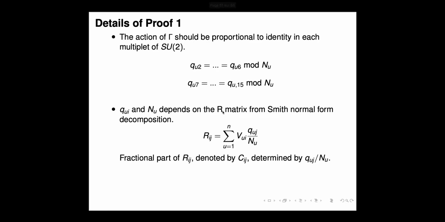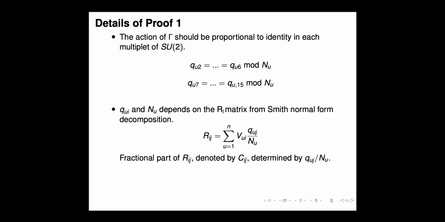Once you have this relation, you can plug it into the formula, the definition of R. I'm going to show you how to derive this formula, but for now it's just a chart. The R matrix depends on the choice of Q and N. Previously we used the R matrix to derive Q and N, but here I just write down the formula explicitly.